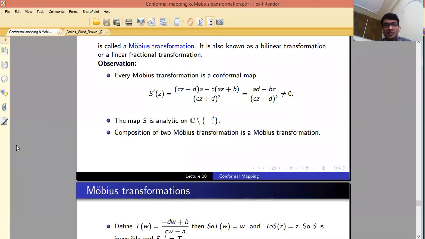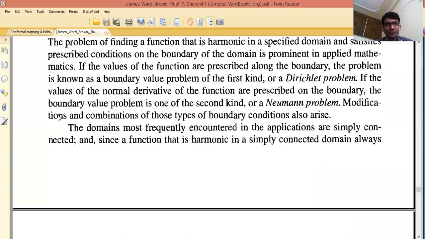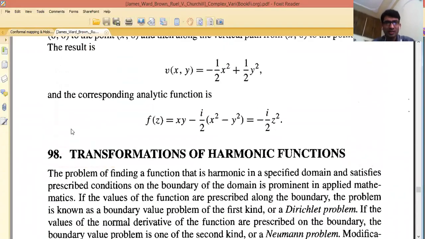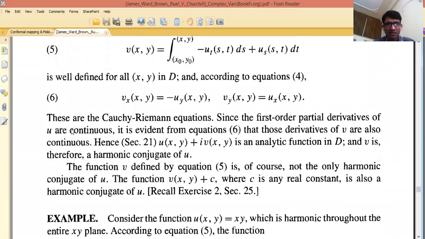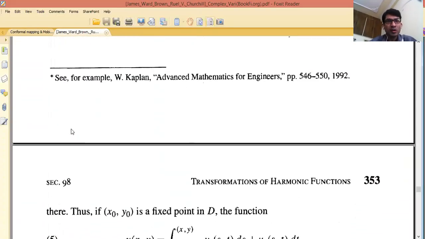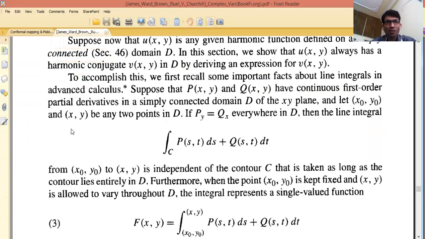Mobius transformation is the main application of conformal mapping. So we focus on the exercise given in this question. Okay. Thank you.